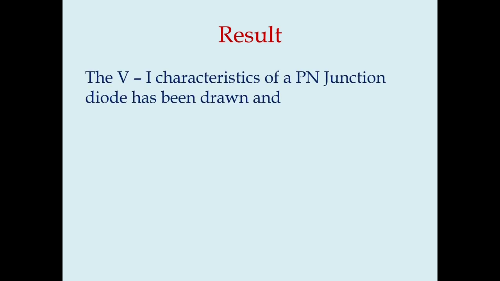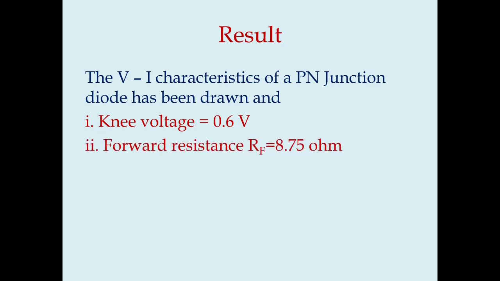So finally we can write our results as: the VI characteristics of a PN junction diode has been drawn, that is for both forward and reverse characteristics, and we have found the knee voltage to be 0.6 volt and the forward resistance Rf is 8.75 ohm for the junction diode we have used.